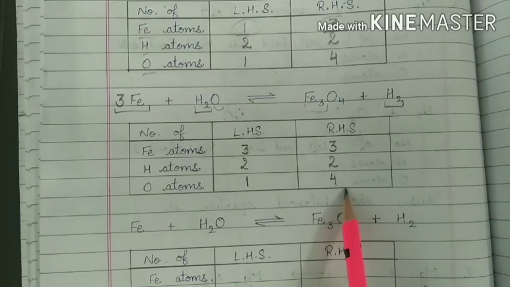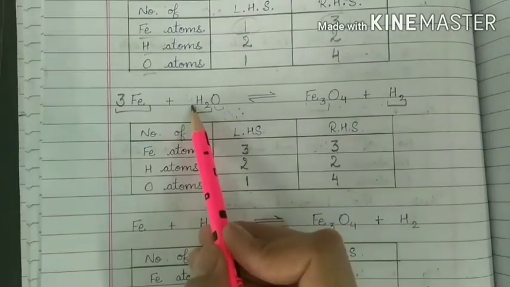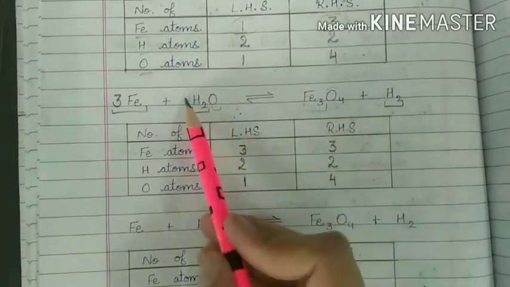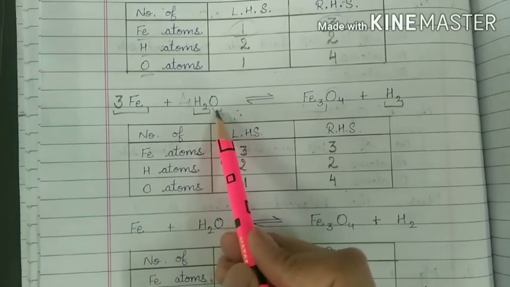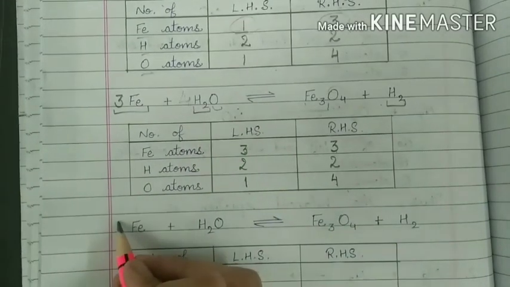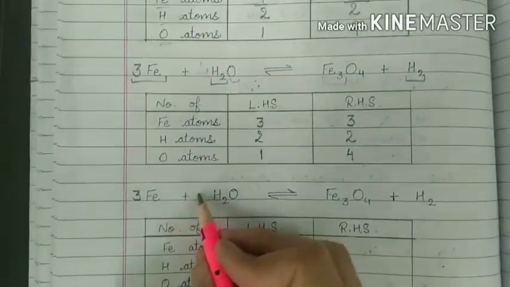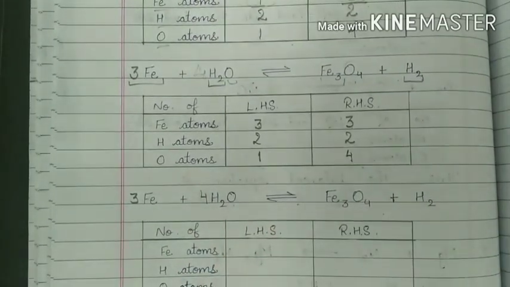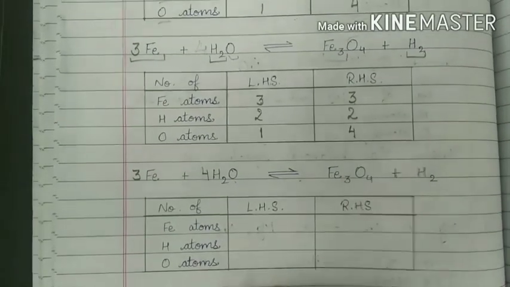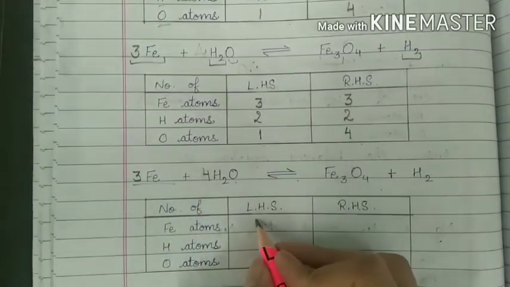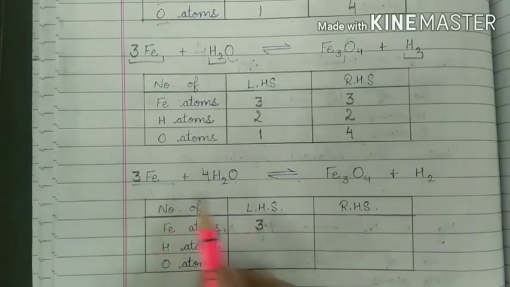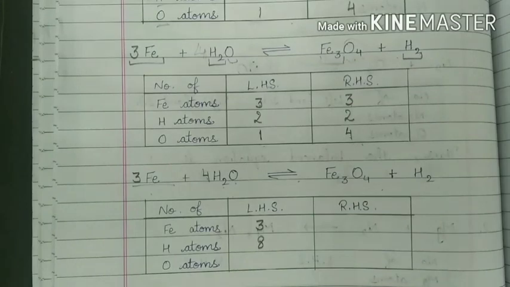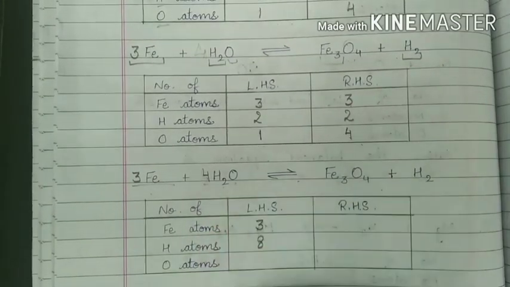So to balance oxygen atoms we can put 4 in front of H2O, because here we have 4 oxygen atoms. If we put 4 here, then here also there will be 4 oxygen atoms. So we can write the equation as 3Fe plus 4H2O gives Fe3O4 plus H2. Now again we have to count the number of atoms here. 3 iron on the left-hand side, 4 2s are 8 hydrogen atoms on the left-hand side and 4 oxygen atoms.